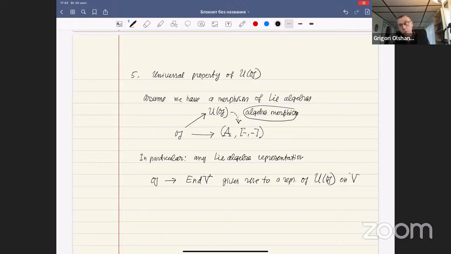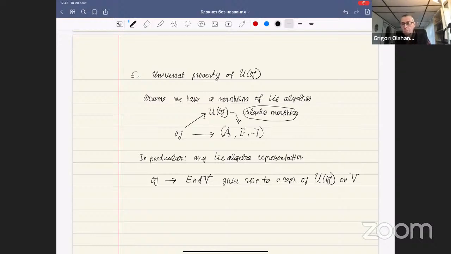And this is very important, because if you want to study Lie algebra representations, we can pass to representations of an associative algebra, and the universal algebra has more structure.